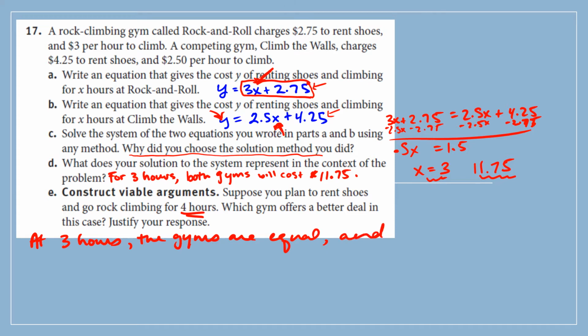And then if you look at the slopes of these lines, the first one's higher. The first one is $3 per hour, and the other one's only $2.50 per hour.